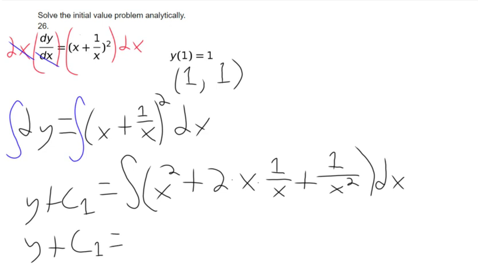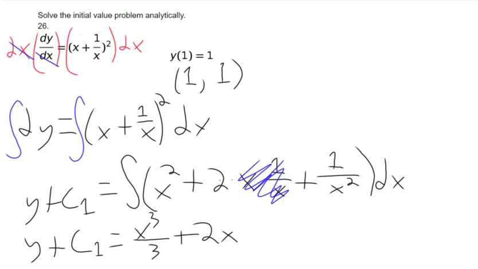So now I can integrate this. But before I do that, I'm going to make a little simplification. x times 1 over x cancel out. So this is going to be equal to, so we're integrating x squared. So you add 1 to the power, you get x cubed, then divide by the new power. Integrating 2, you'll get 2x.